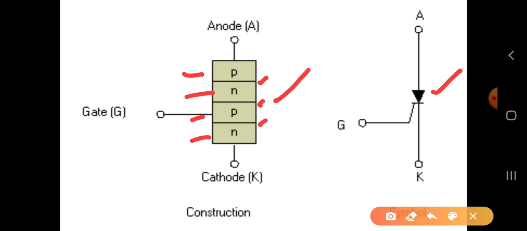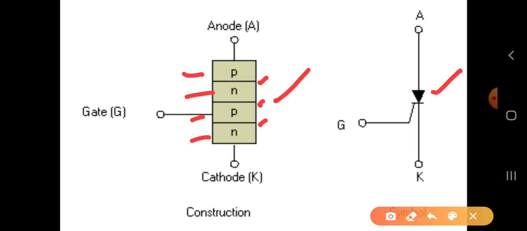Now how a PN junction normally operates, and how the flow of current happens in this device, everything we are going to see. For these layers we are going to make lead connections.